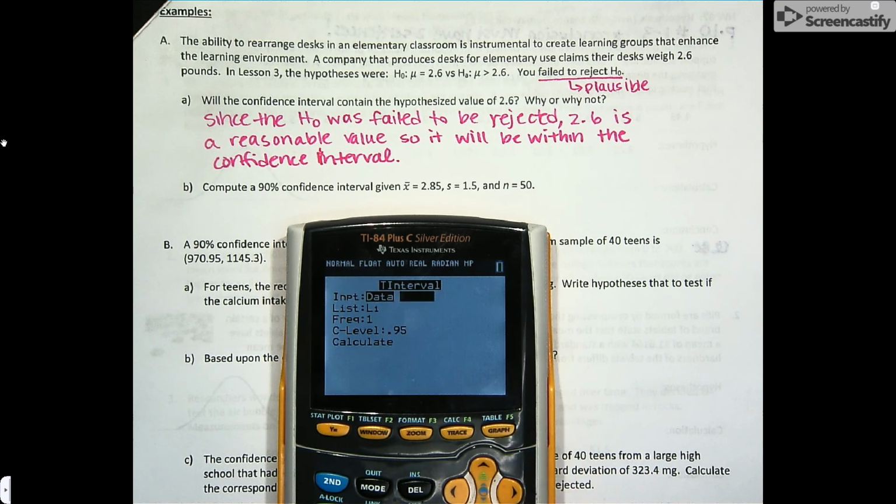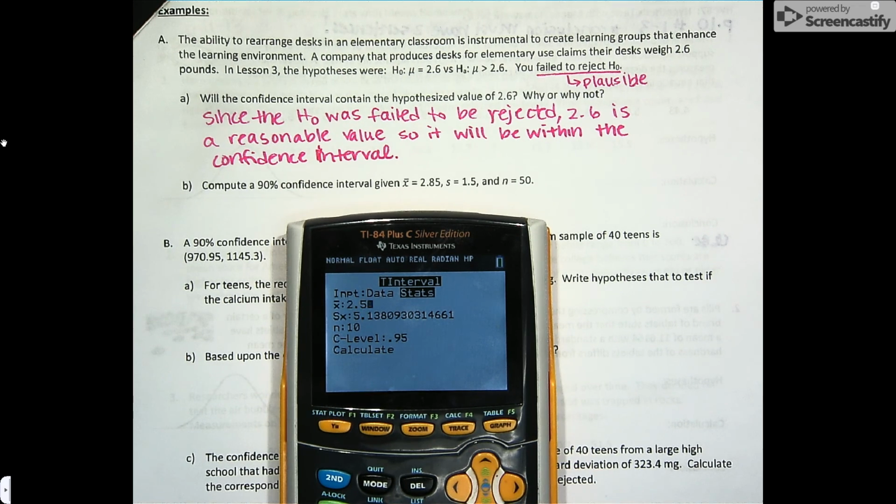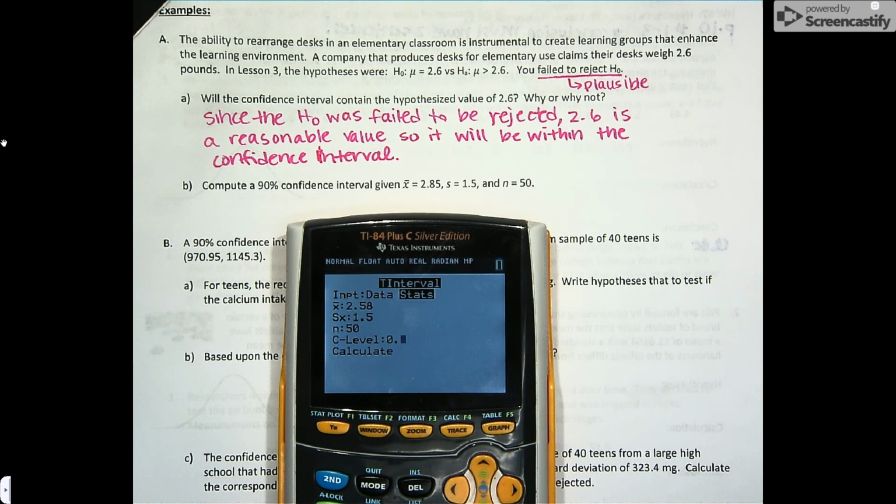This one they give me these stats for. I have my x bar of 2.58, a standard deviation of 1.5, and a sample size of 50. If you don't believe this data, look back in lesson 3. The confidence level is 0.90.